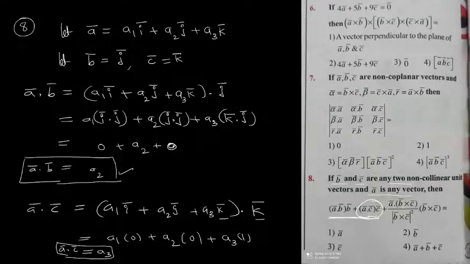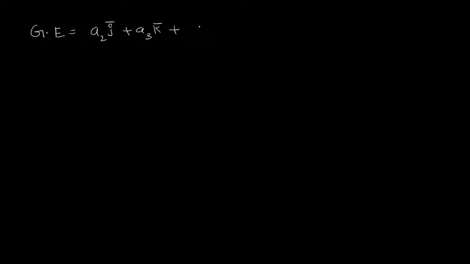A bar dot B bar cross C bar. What is B bar cross C bar? A bar means A1 I bar plus A2 J bar plus A3 K bar, dot B bar cross C bar.